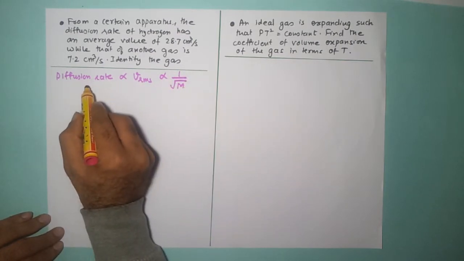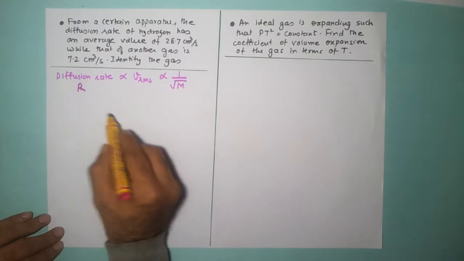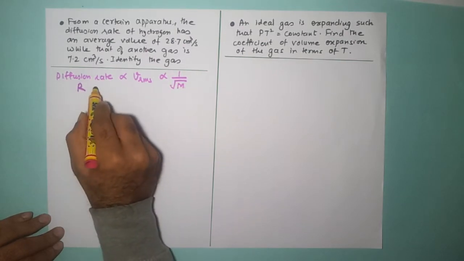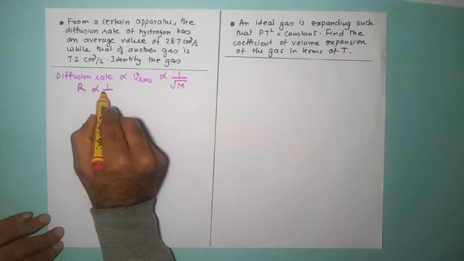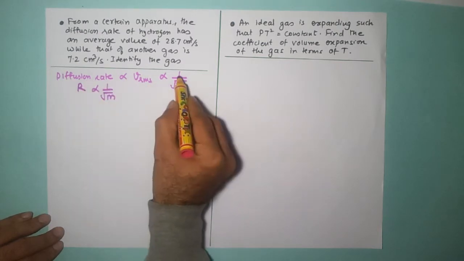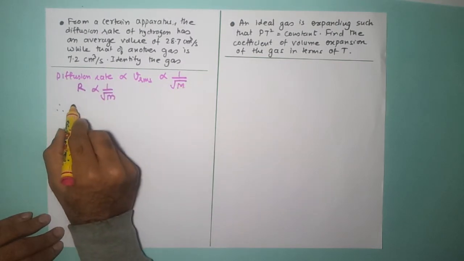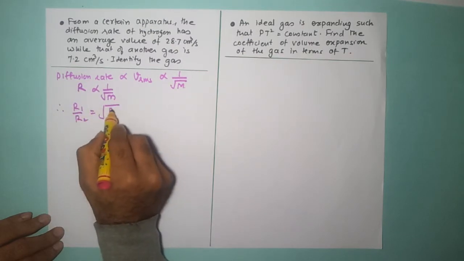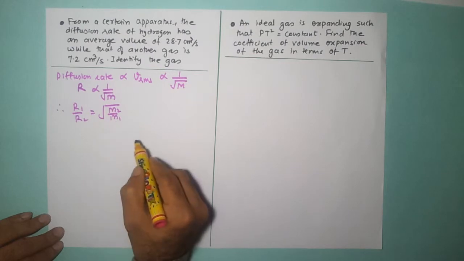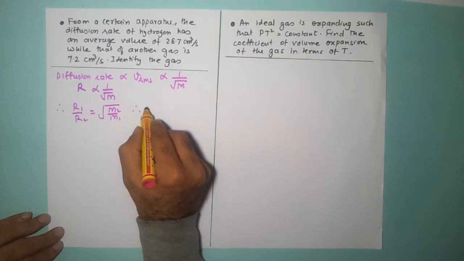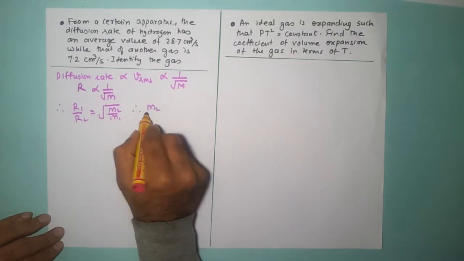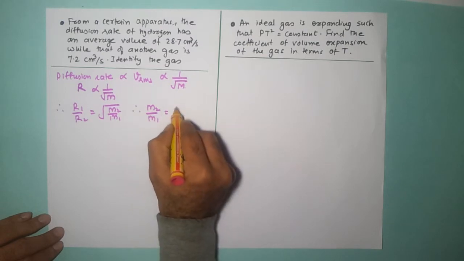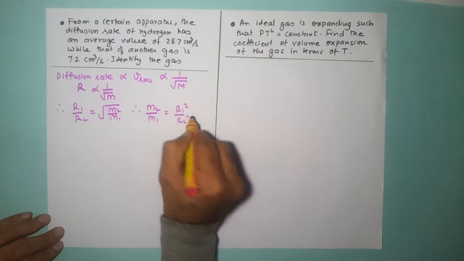Let us say diffusion rate is denoted by the symbol R. Therefore I'll get this equation: R is proportional to 1 upon square root of M. Therefore R1 upon R2 is equal to square root of M2 upon M1, and therefore I'll get M2 upon M1 is equal to R1 square upon R2 square.